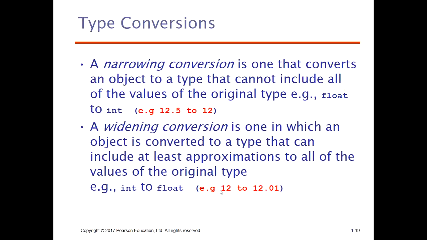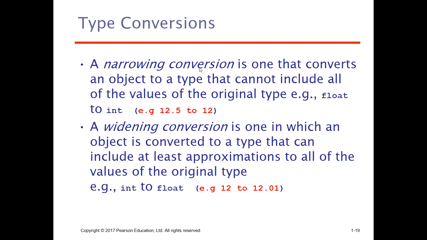For example, if you convert a floating point value to an integer value, like 12.5 from float to integer, it might end up as 12, which is smaller than the original value. That's why it is called narrowing conversion, because the value will end up less than the original value.